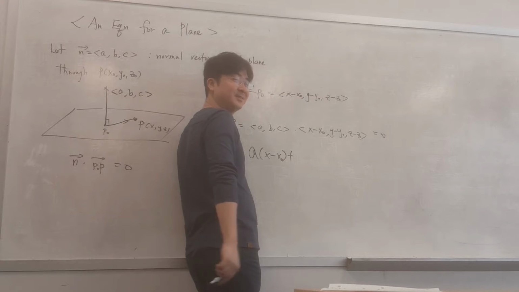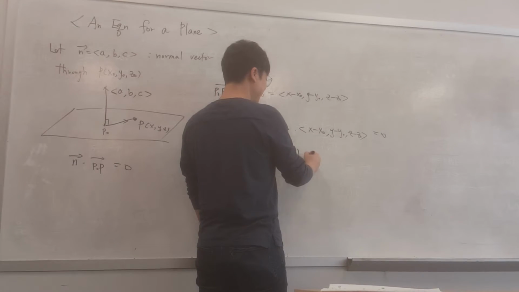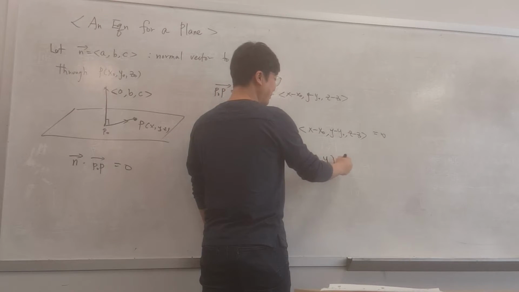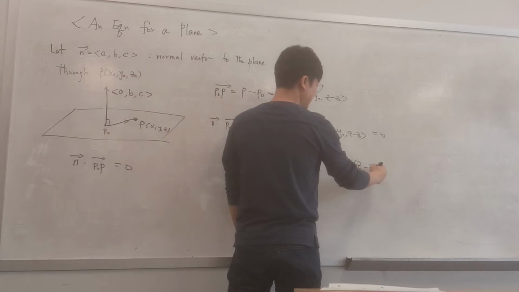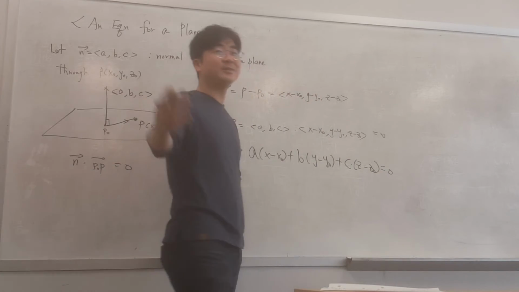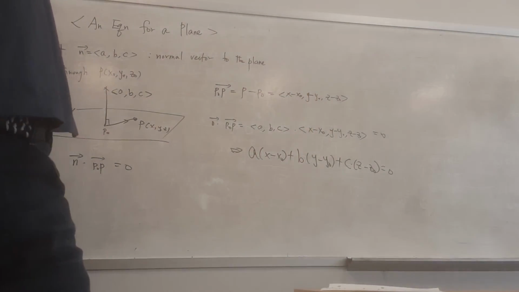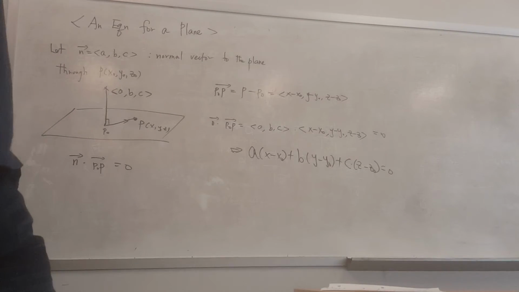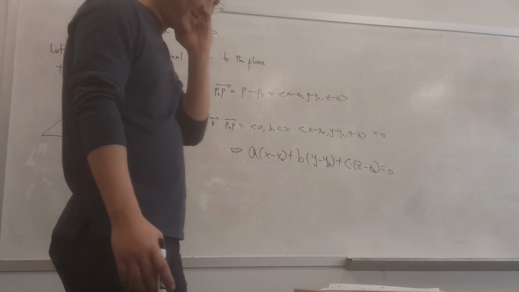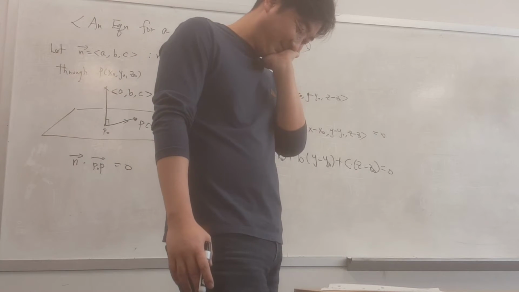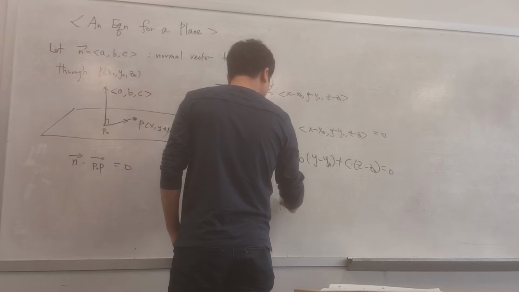Plus, this one times this, correct? This is the dot product. B times y minus y dot. Plus the g component, C times g minus g dot, should be equal to 0. This is the dot product. Yeah. So this one we call the plane equation.